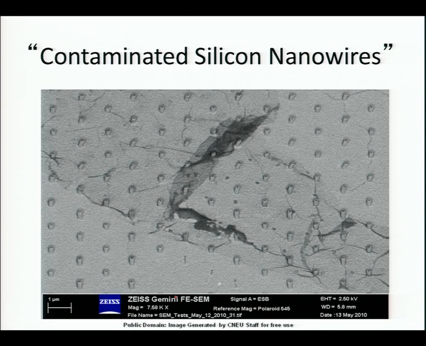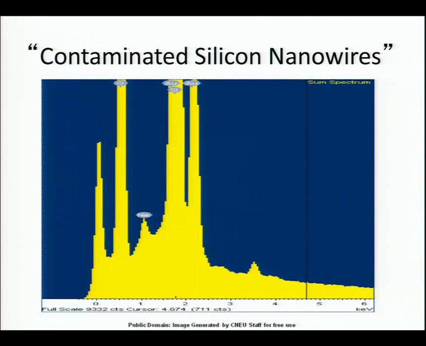When we take a look at that on the sample, we can actually see that there's sodium in there, more oxygen, etc. So this is a look at two different types of silicon nanowires, one which wasn't contaminated with residual photoresist, and the other one that has residual photoresist and a bunch of garbage on there.